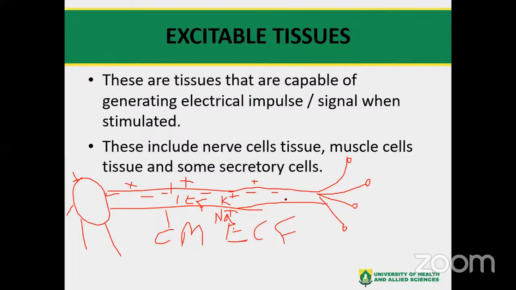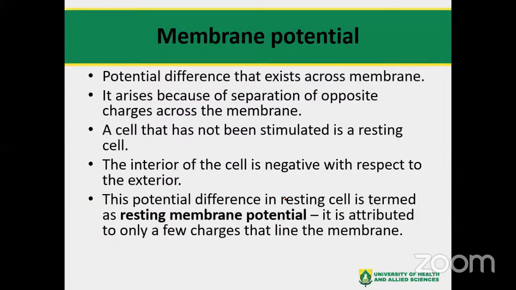That is what this is saying: the potential difference that exists across a membrane is called membrane potential. This arises because of the separation of opposite charges across the membrane. I've just drawn that. A cell that has not been stimulated is called a resting cell.